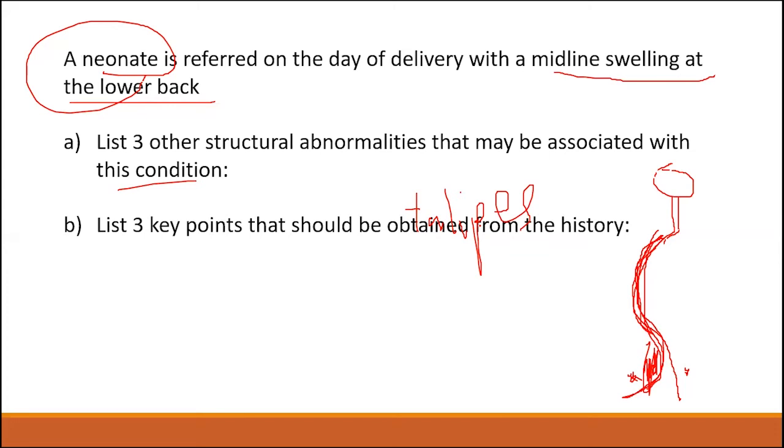And sometimes too, if the mother doesn't take a lot of folic acid during pregnancy; folic acid helps in neural tube formation. When I say neural tube, that's the CNS formation. So if the folic acid is deficient, it can lead to such a thing. So you want to look at the maternal intake of folic acid.